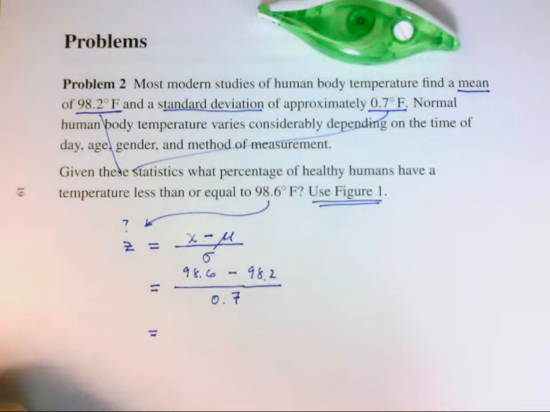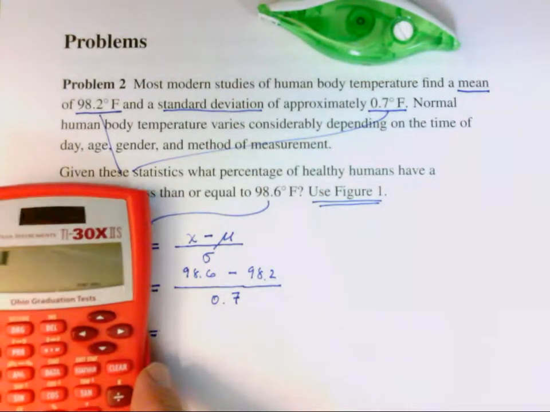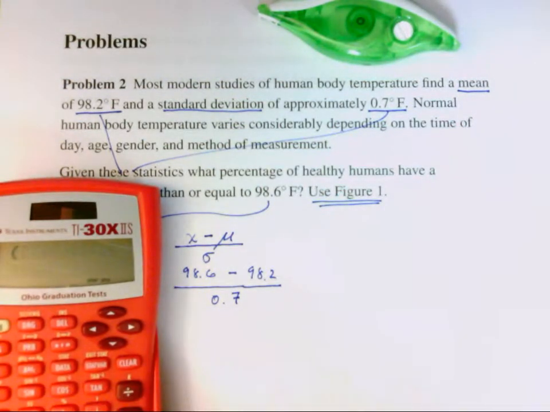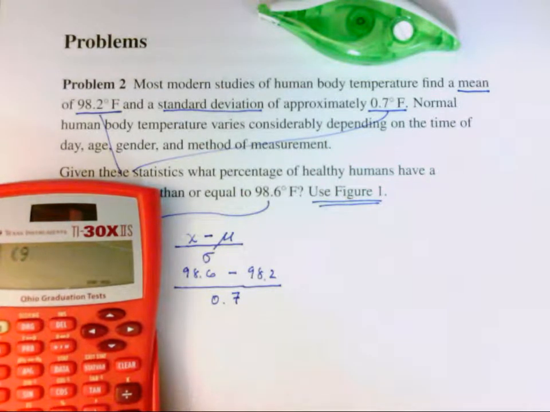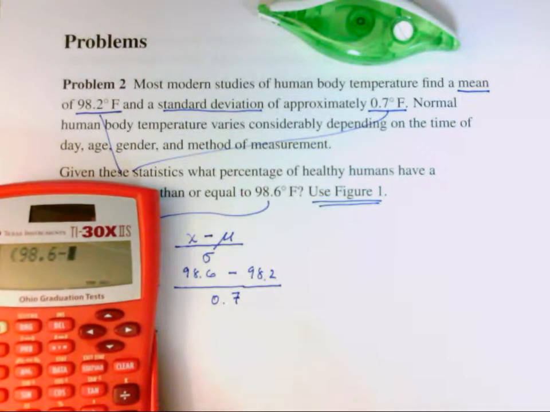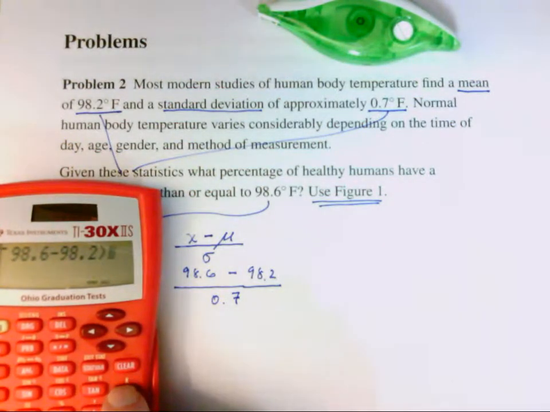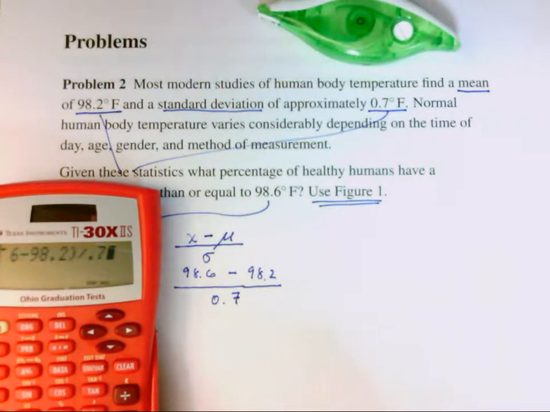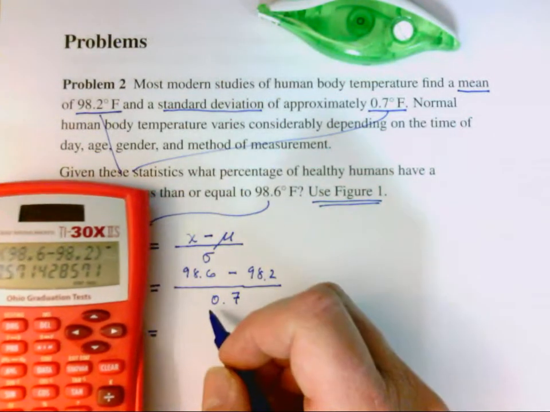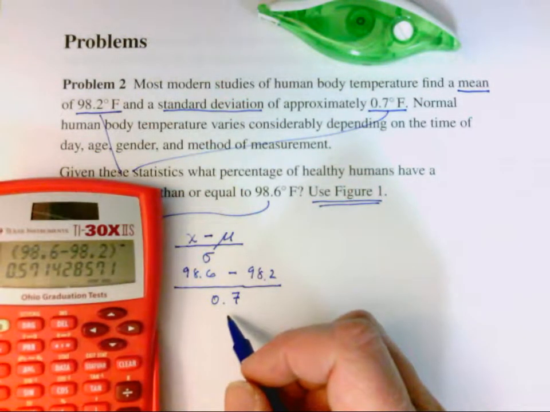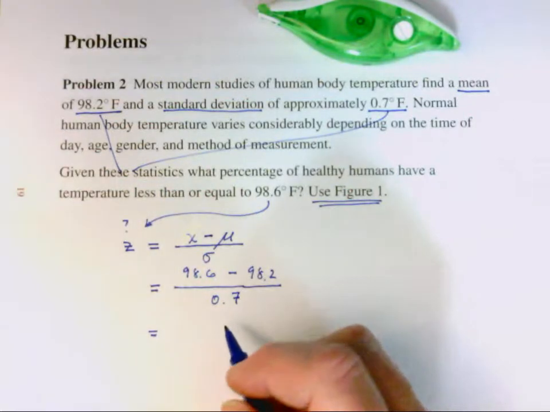So on my calculator, 98.6 minus 98.2 would be the same as 0.4. Divide by 0.7, and you get 0.57.